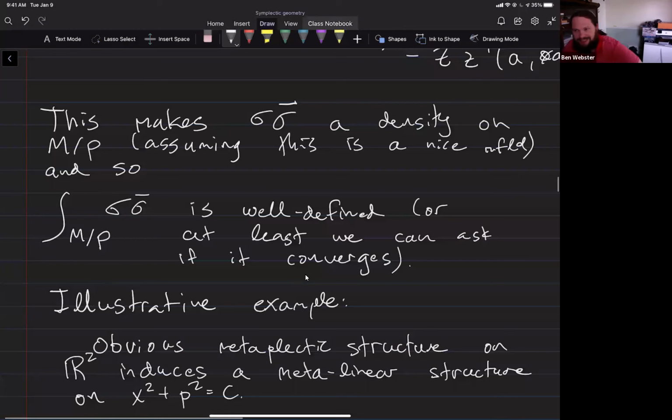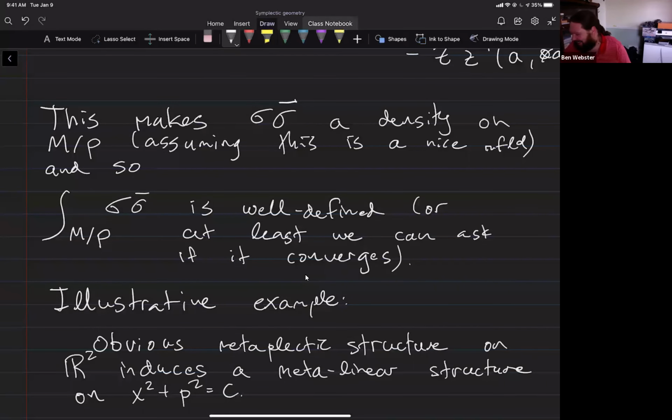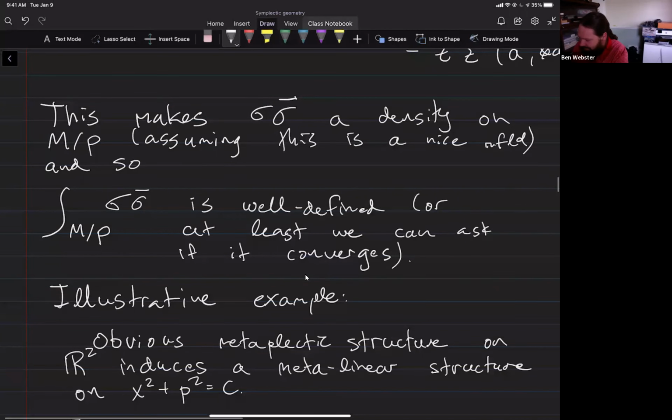So unfortunately, like so many of the sources I was reading from, they get to this point and they're like, oh, we actually define metaplectic things. Okay, we can go home now. But one example you'll see a lot is that you can take R2 with its usual symplectic structure.